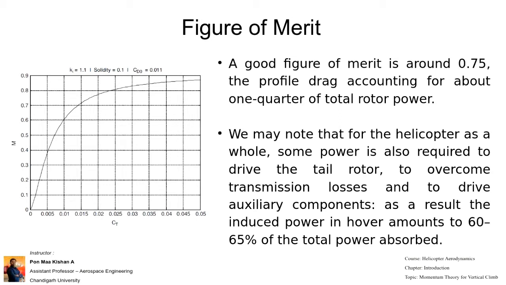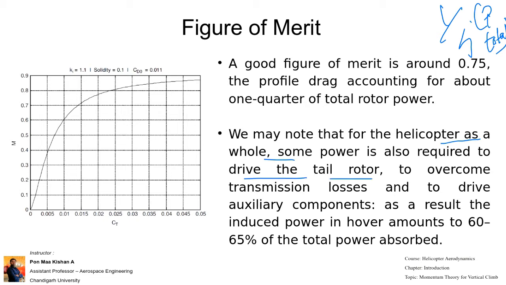As I mentioned earlier, the profile drag accounts for about 1/4 of the total rotor power. That is why we have marked 1/4 of total power. Note that for the helicopter as a whole, some power is also required to drive the tail rotor.